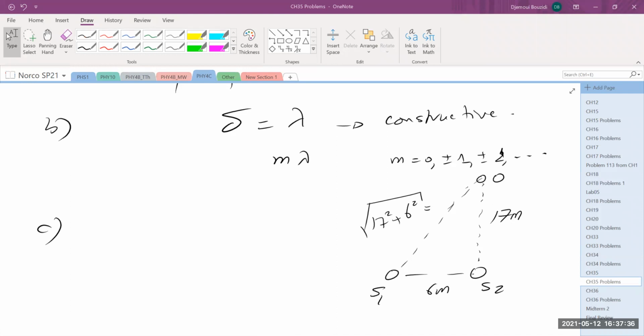So it's 18.02. How many sig figs in this problem? It's 2 sig figs. So if it's 2 sig figs, it's 18 meters. Okay. So this distance is 6.0, this distance is 17 meters, and this distance then is 18 meters.